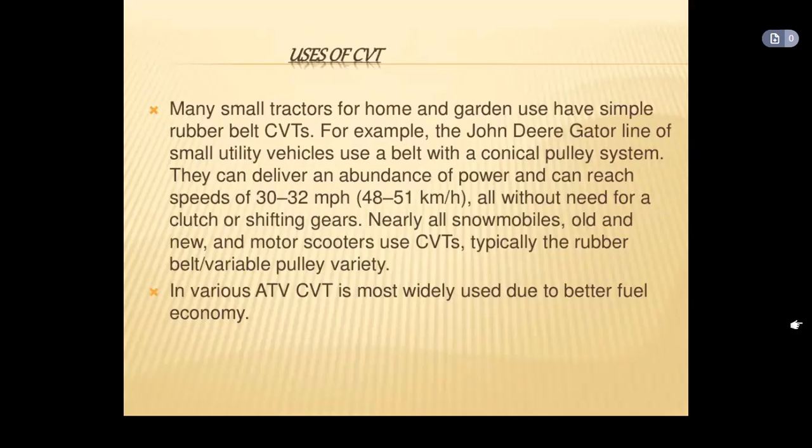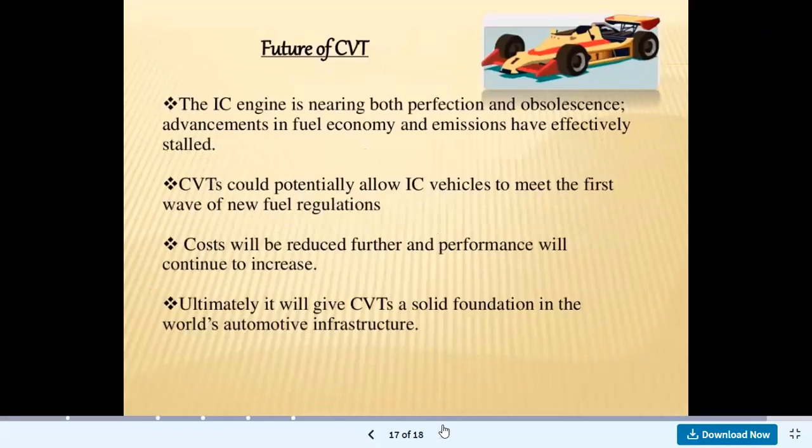Nearly all snowmobiles, old and new, and motor scooters use CVTs. This technique uses the rubber belt or variable pulley variety. In various ATVs, CVT is most widely used due to better fuel economy.